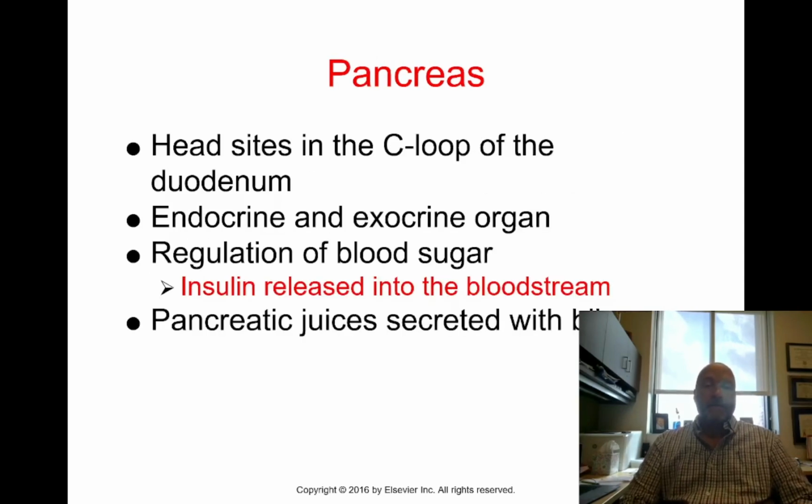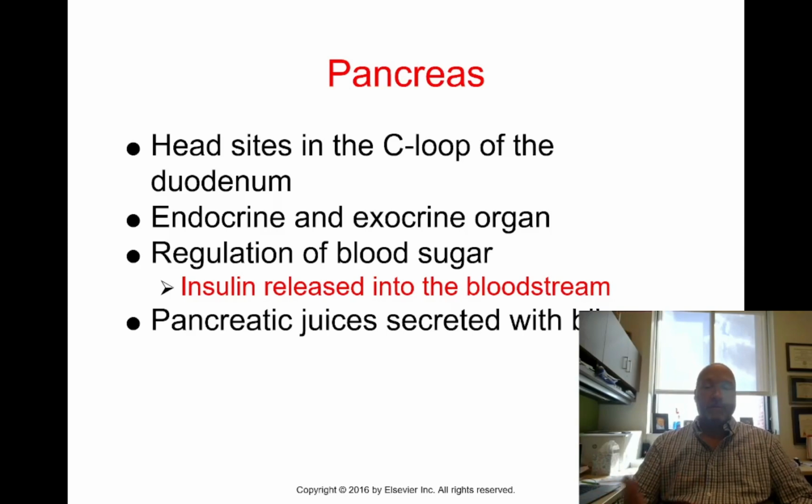So the pancreas, we're going to talk about the pancreas primarily because the ducting for the bile joins up with the ducting for the pancreas. So the head of the pancreas lies in the C loop of the duodenum. It's both an endocrine and an exocrine organ, meaning that it secretes into the gastrointestinal system, but also directly into the bloodstream.